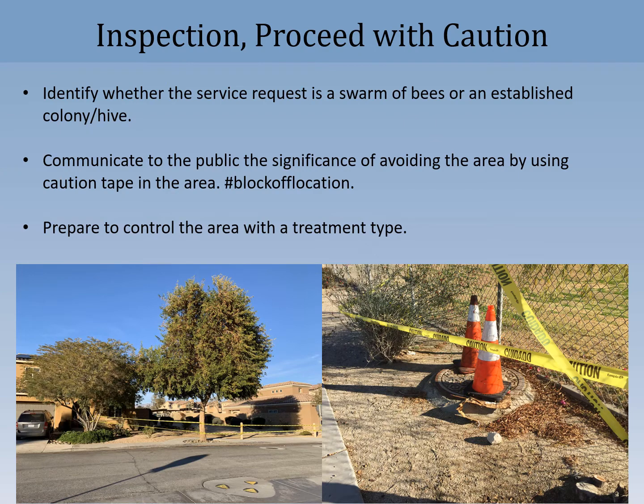We'll communicate with the resident or the person who called in the bee service request so we know we've identified what it is and what we're going to do next. And then we'll plan for the treatment, if not the same day, the next day, by understanding where we're going to spray from and what we're going to need to cut out the beehive.